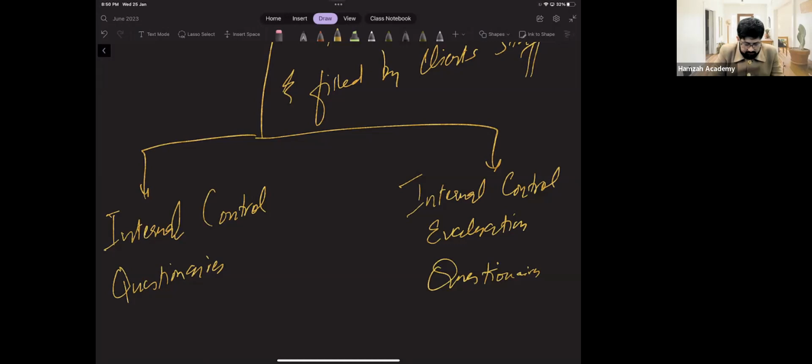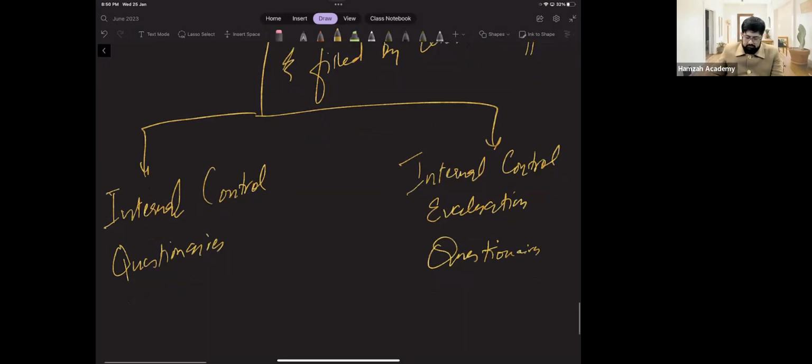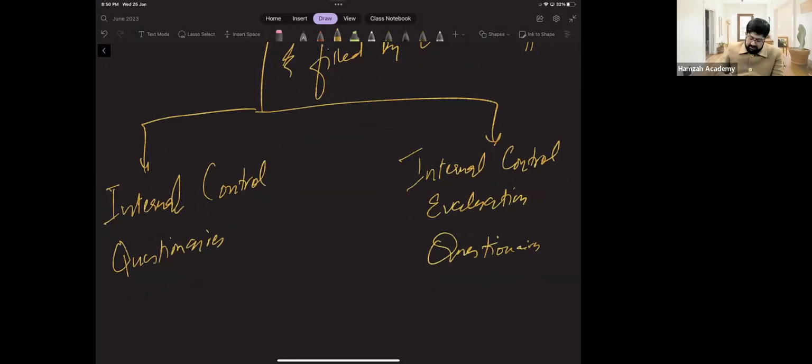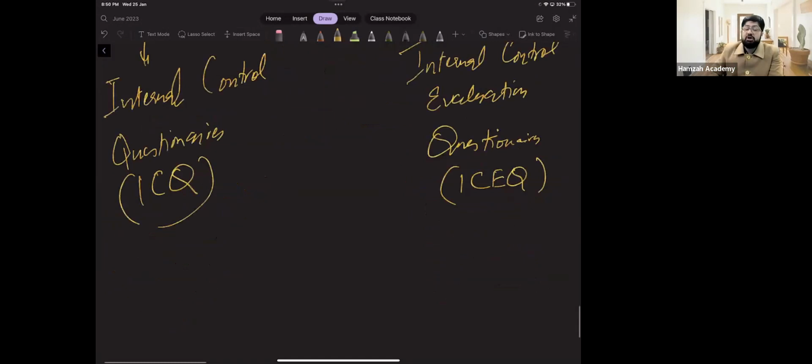So, internal control questionnaire, ICQ, and ICEQ. The auditor prepares two types of questionnaires.